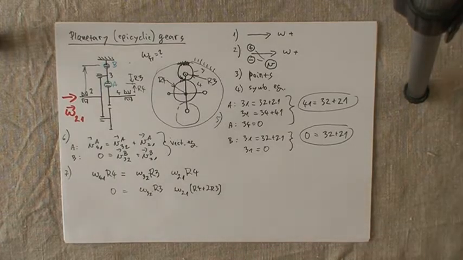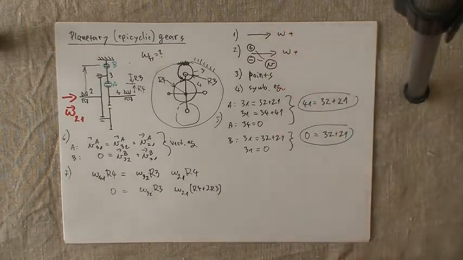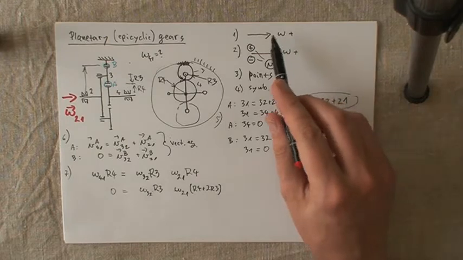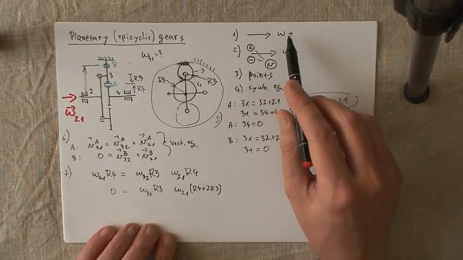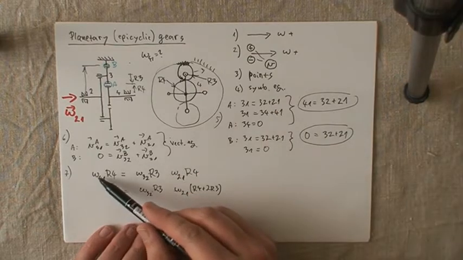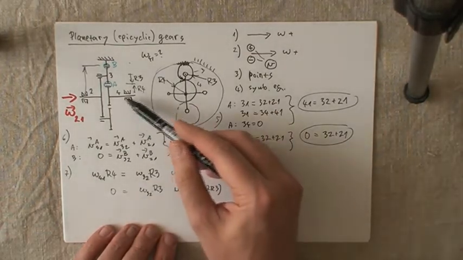Okay, now the signs. Signs could be a little bit tricky, because we have two sets of signs. The first one equals the omega. And we said that direction to the right is positive. So does omega 4,1 go to the right or to the left? We don't know, because this is unknown.